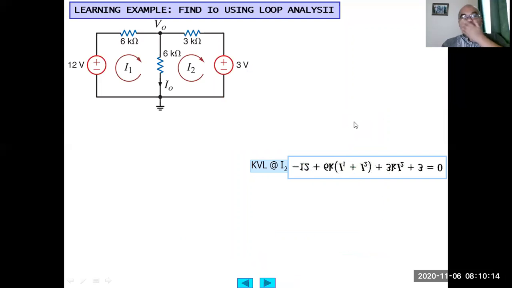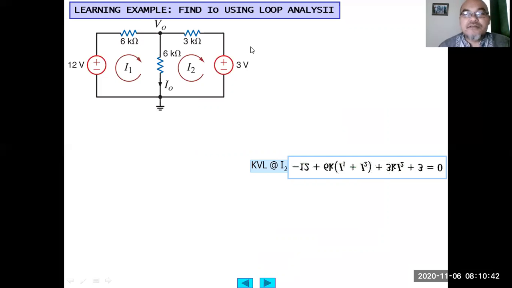Okay, now we start to learn how to solve several circuit examples using Kirchhoff voltage law and loop analysis. For example, we have here two independent voltage sources, 12 volt and 3 volt, and it has two meshes.